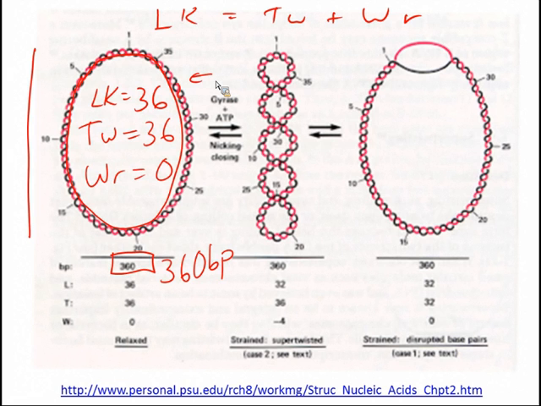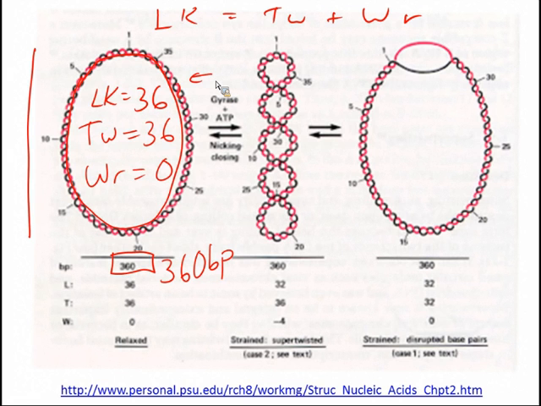And so we have what's called a relaxed DNA molecule. So when twist is as happy as it wants to be, DNA does like to have generally about 10.4, 10.5 base pairs per turn, but that does depend upon salt conditions.